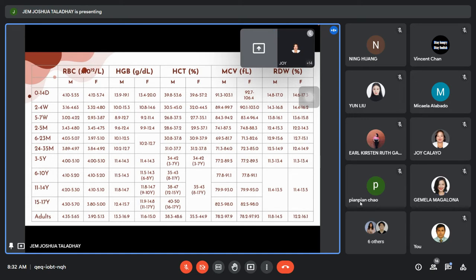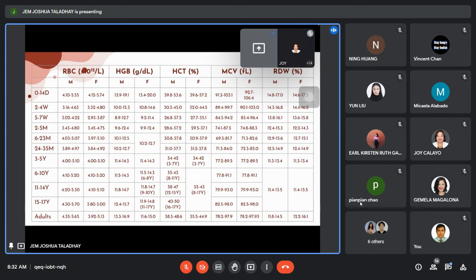These are the normal reference ranges depending on the age and gender. We could see that values are generally lower in females, especially in the adolescent stages, due to the differences in body mechanisms such as menstruation.